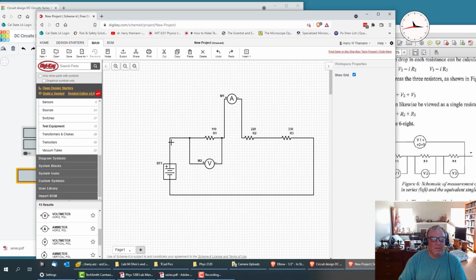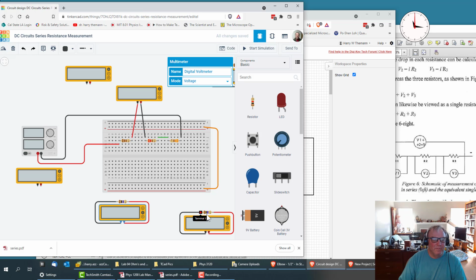And also as far as tracing, I've got to say it again, out of the power supply through R1, out of R1, up to the ammeter, back to R2, and so on. So I've got a voltmeter here. So let's connect it in.